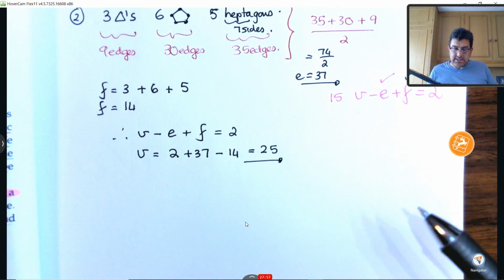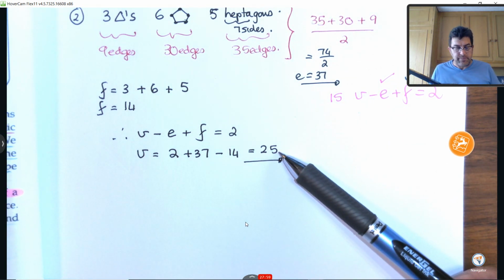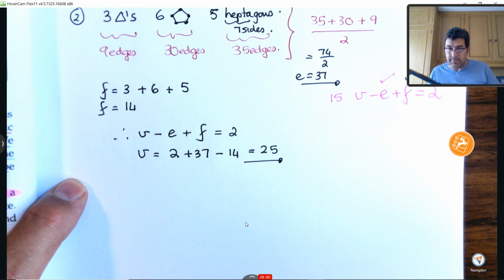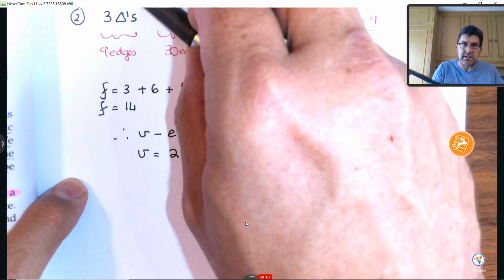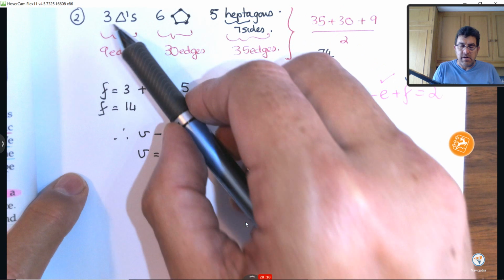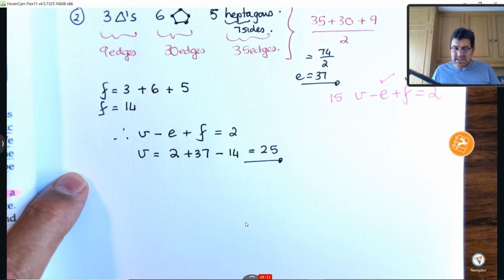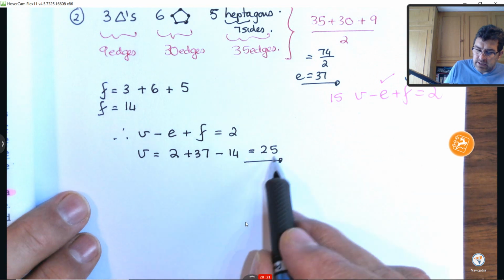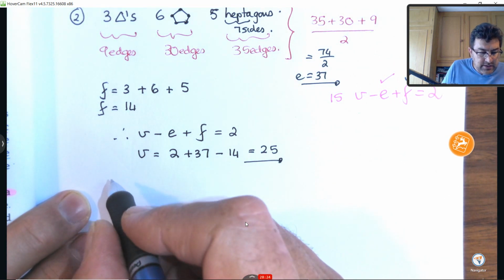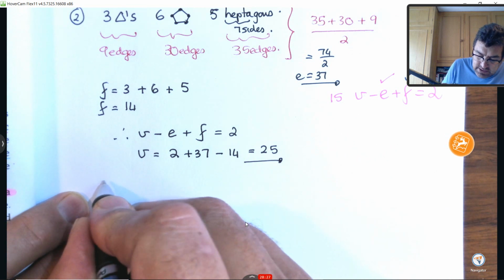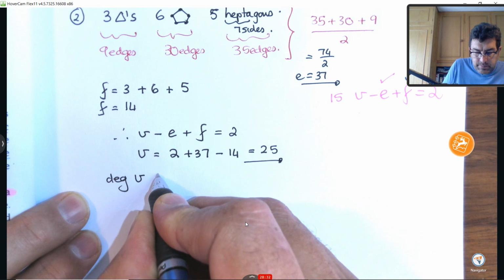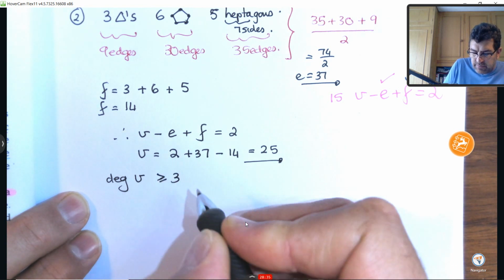Each vertex here has a degree of a minimum, or at least 3, because the smallest figure is a triangle in this case. So every vertex must have a minimum degree of 3. Now folks, if we look at this, the degree of the vertices is bigger or equal to 3.